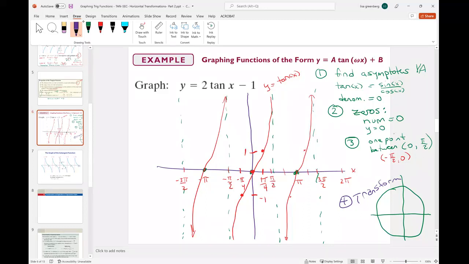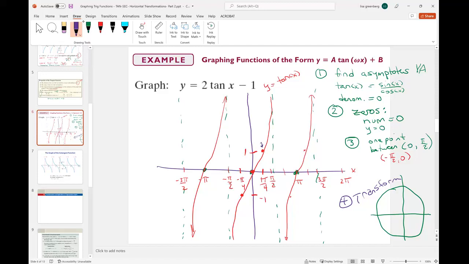Because if I move this down 1, think about what's going to happen. This point right here is going to go to 0, and when I multiply it by 2, it's still going to stay 0, isn't it? So you have to be really careful about the order you do things in. First thing we have to do is multiply by 2.